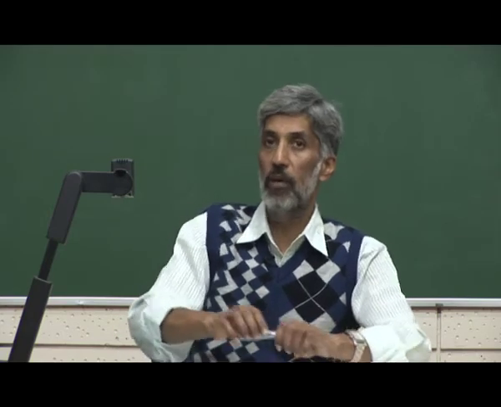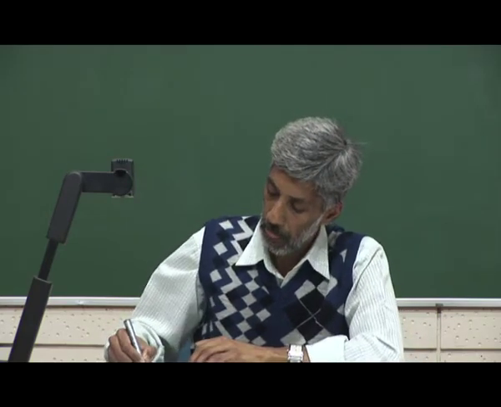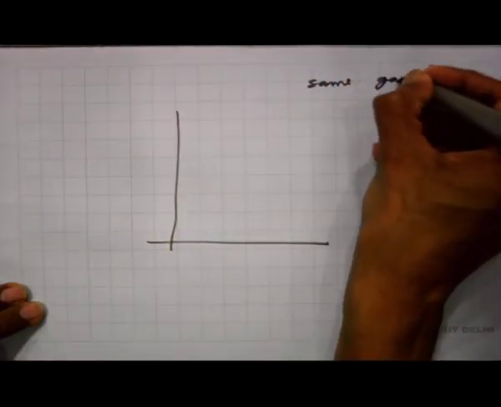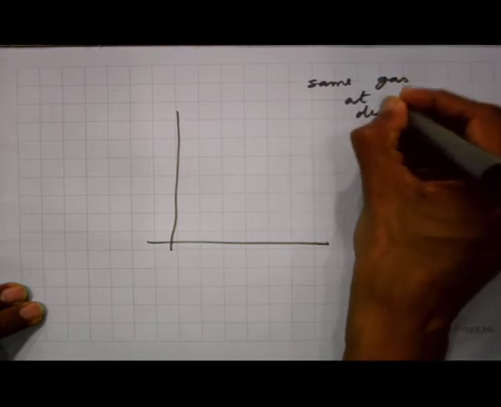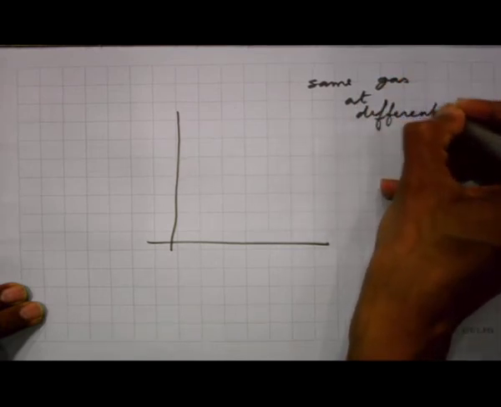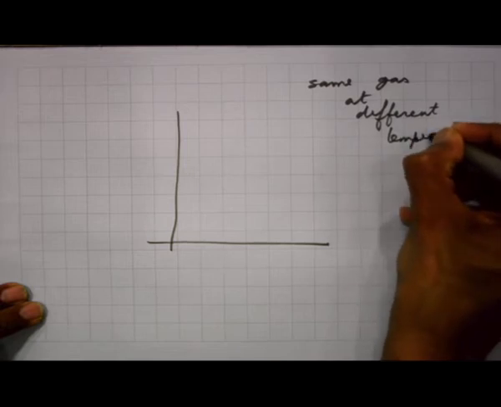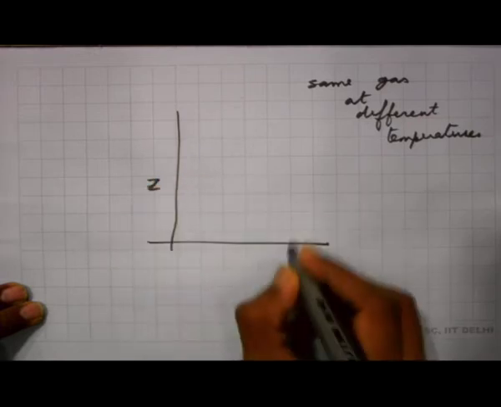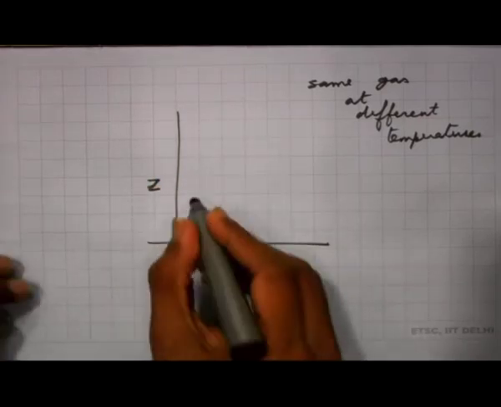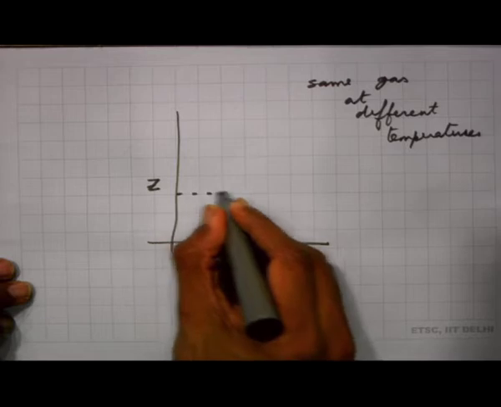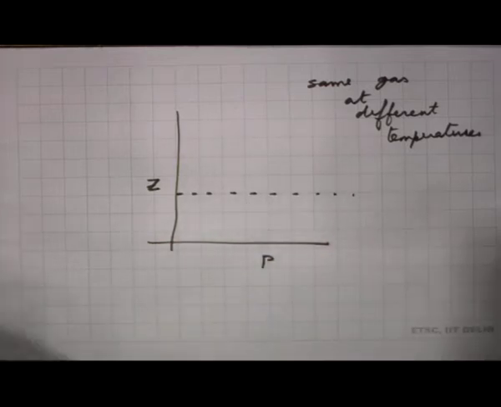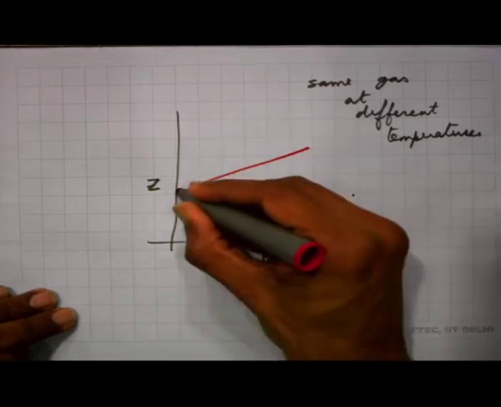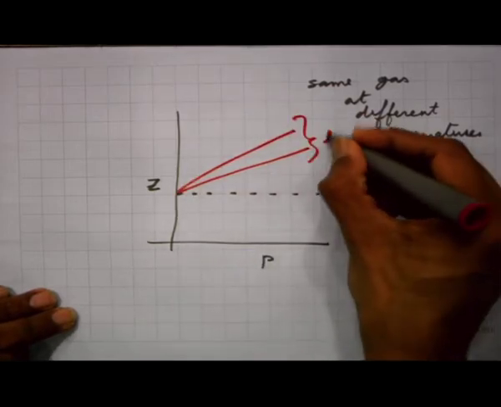Now, if I take the same gas at different temperatures, and I plot Z versus P, what we are saying, this is Z equals 1, at high T, this will be at high temperatures.